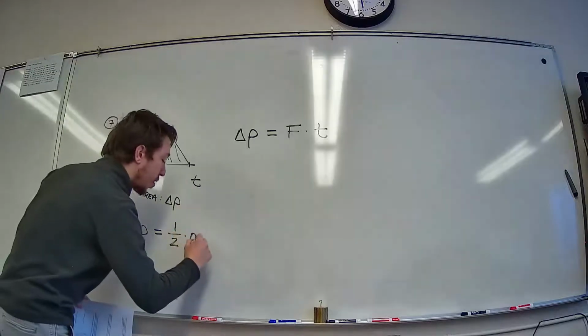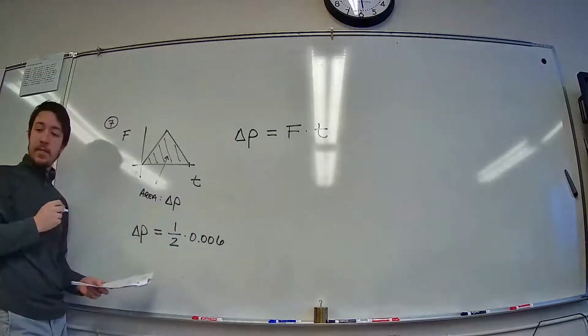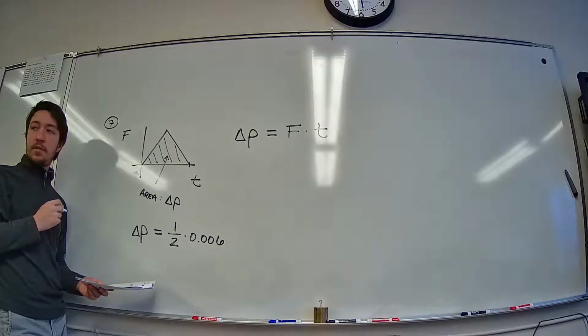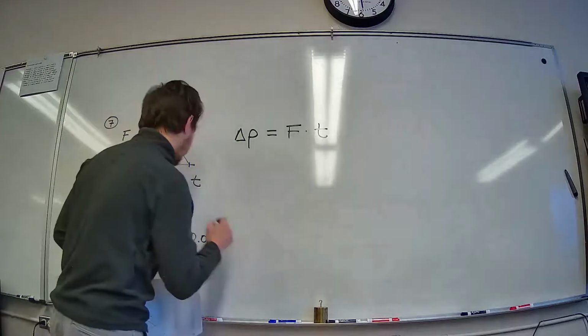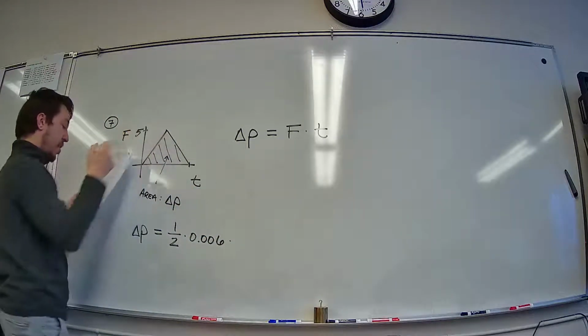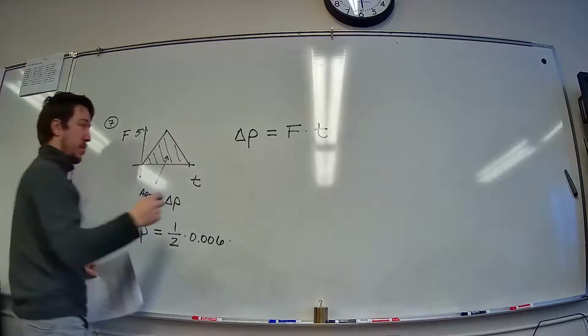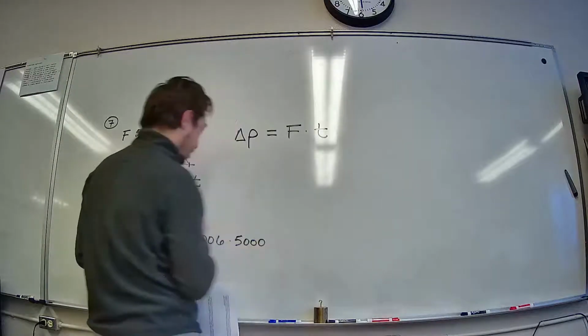The base is 0.006 seconds. That make sense? Yes, 6 milliseconds. And then the height of the triangle is 5 kilonewtons. So that's 5,000 newtons.